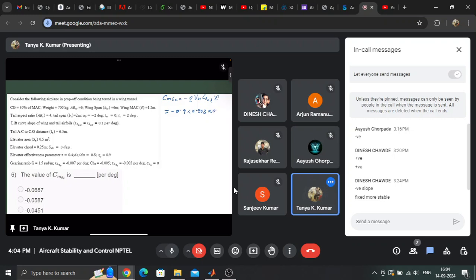Is 0.4. Now let's find out Cl alpha tail.